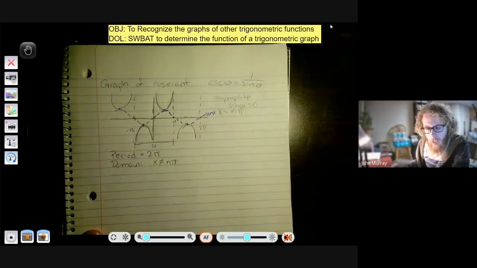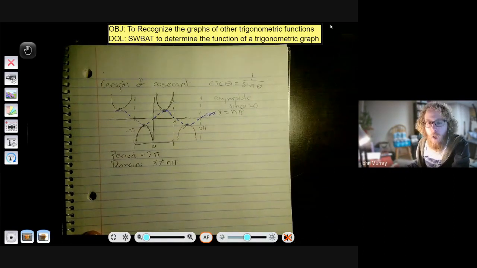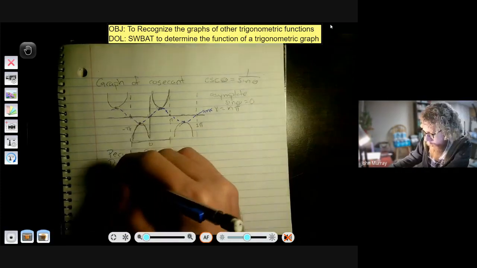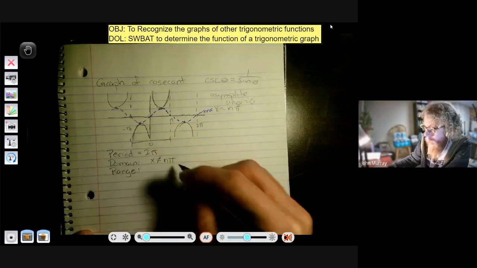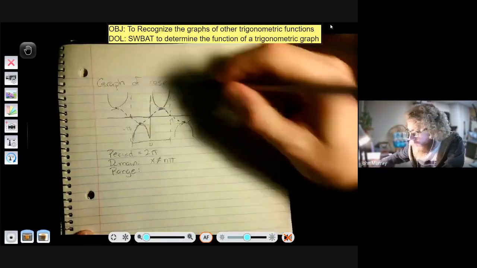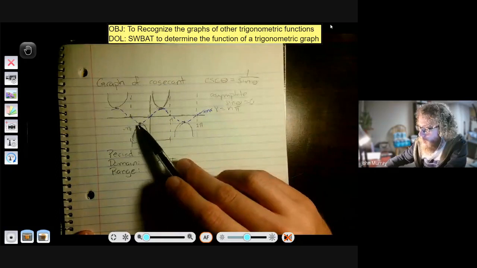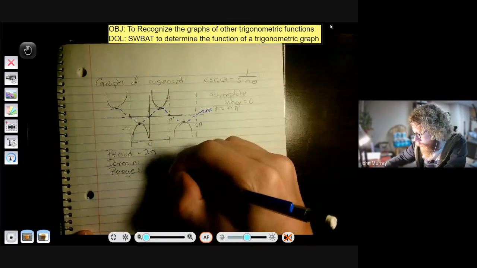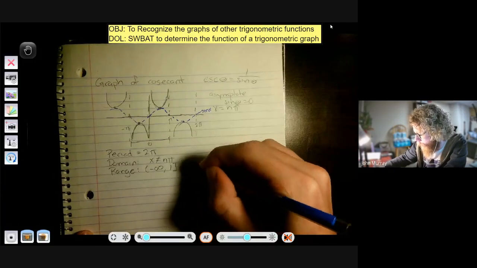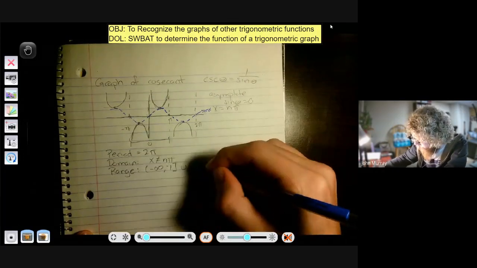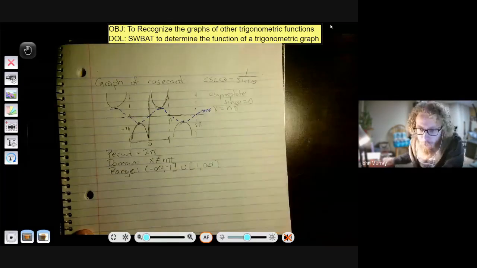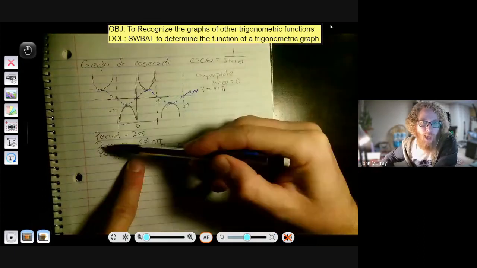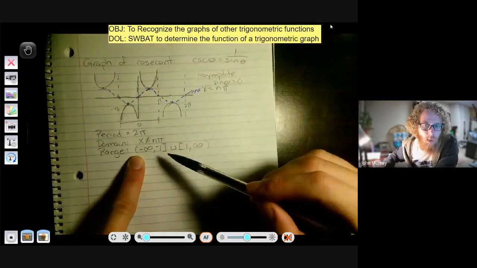Okay, my domain, I have the same domain as my cotangent function. My range is interesting now. It's not just all real numbers. If you notice, we don't go below or above the sine function. So for the range, we're going to write it like this. We have from negative infinity to negative 1.